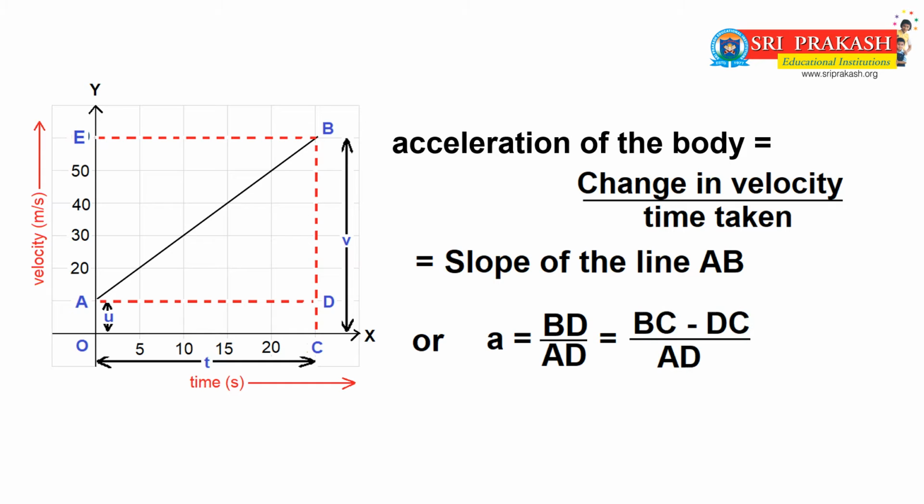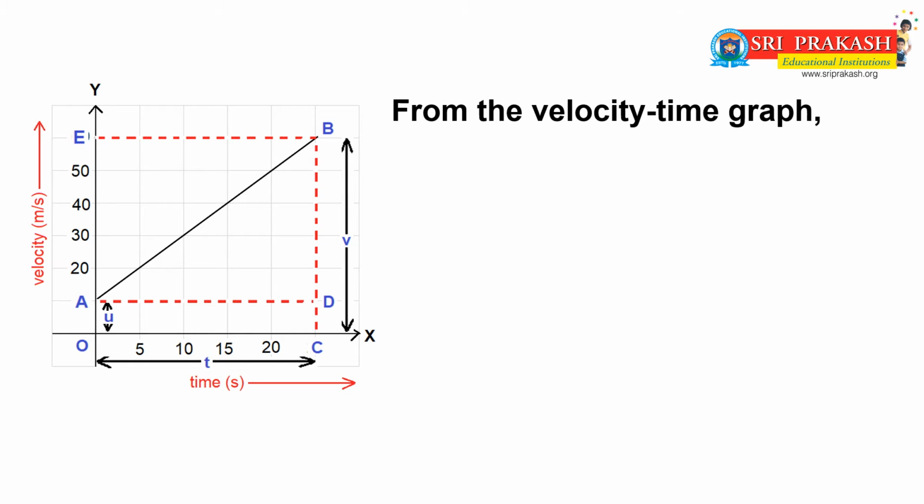BD can also be written as BC minus DC, by AD. From the velocity time graph, we have BC which is equal to v, and DC, that is equal to OA, is equal to u, and then we have AD which is equal to OC, that is equal to t.